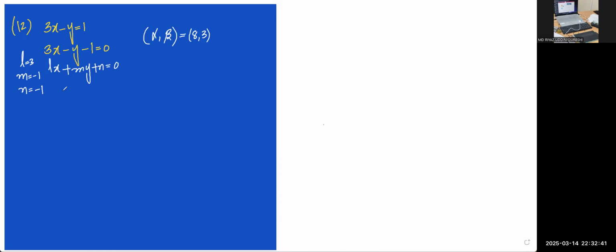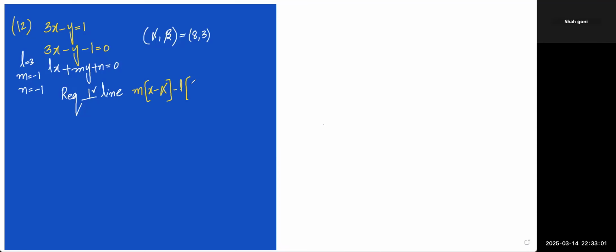So the required perpendicular line is, now how is the format of this line? m into x minus alpha minus l into y minus beta is equal to 0.